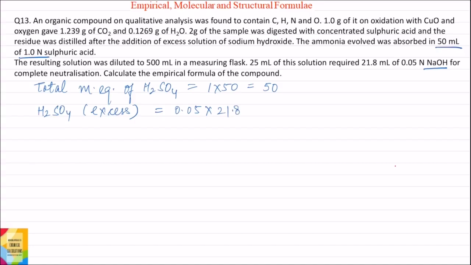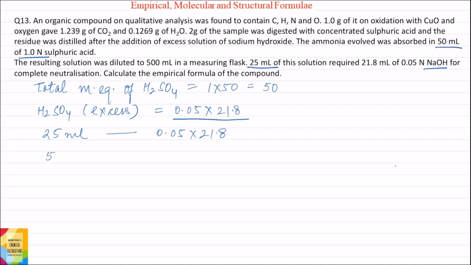Now these many milliequivalents of H2SO4 are present in 25 milliliter of the solution. Therefore 25 milliliter of the solution contains 0.05 into 21.8 milliequivalents of H2SO4 in excess.